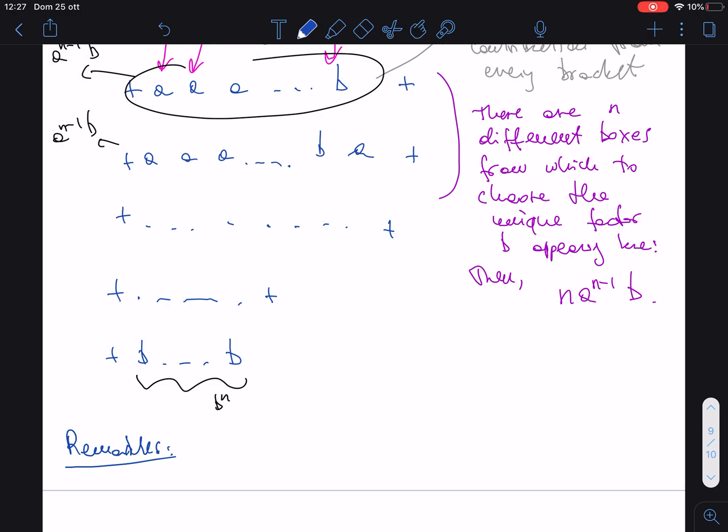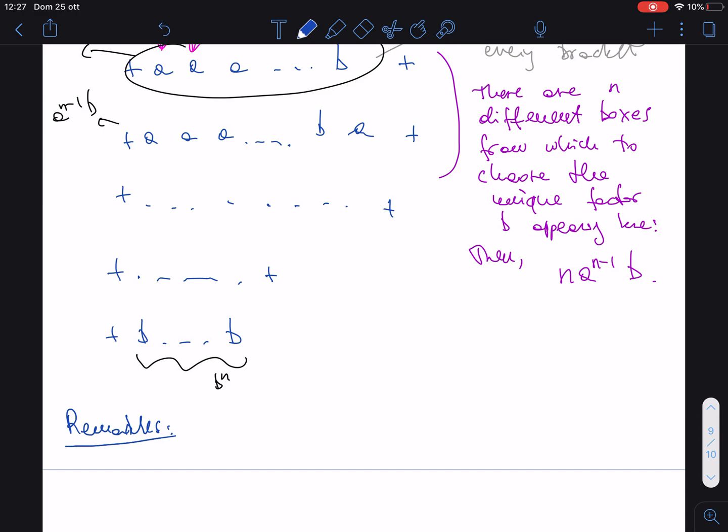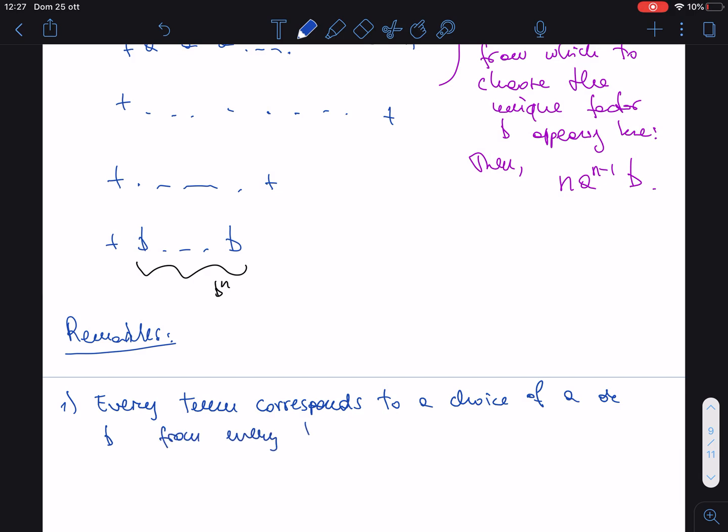The remarks say, first, every term in the development corresponds to a choice of one of A or B from every bracket.